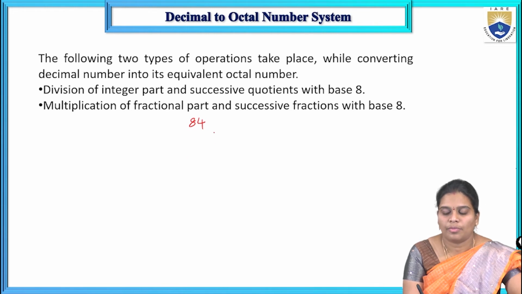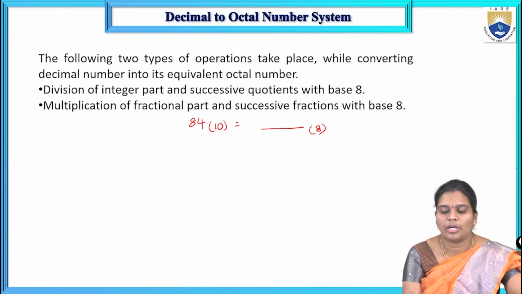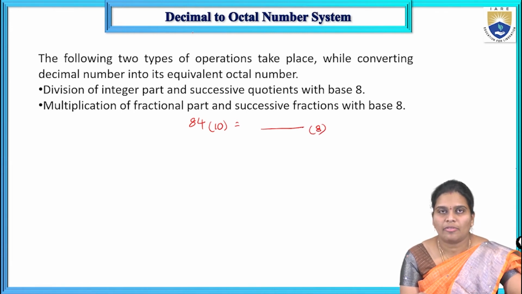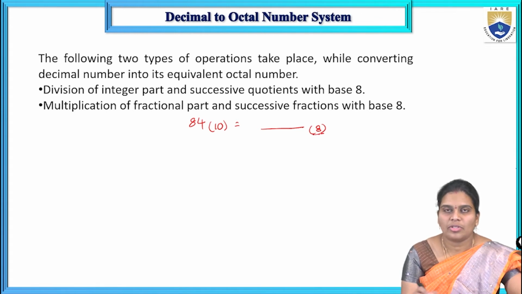First we take some value, 84 base 10. Now I want to convert this into the octal number system. Decimal base value is 10, octal base value is 8. So the base value is 8, and we divide by 8. 8 tens are 80, so the remainder is 4.